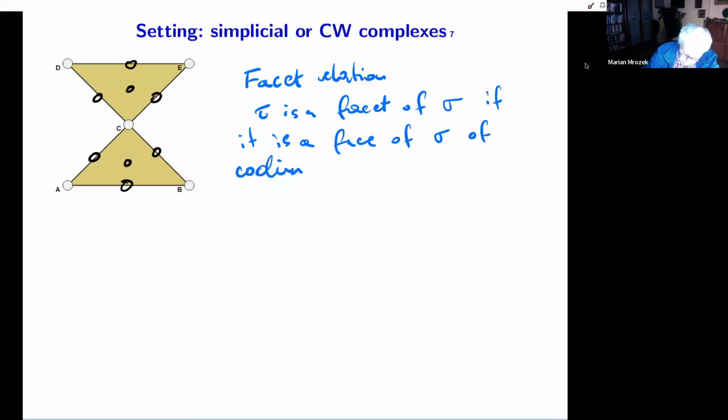So for instance, this vertex is a facet of this edge, and this edge is a facet of this triangle. But this vertex is only a face, but not a facet of this triangle.